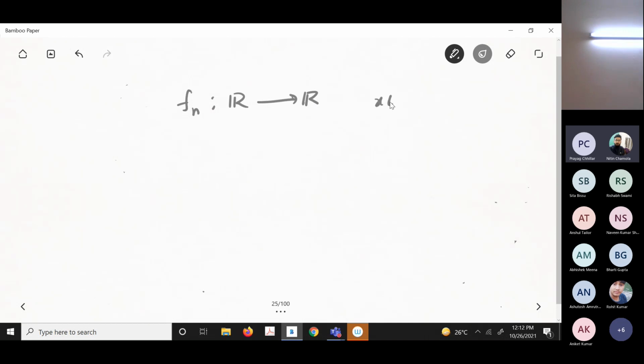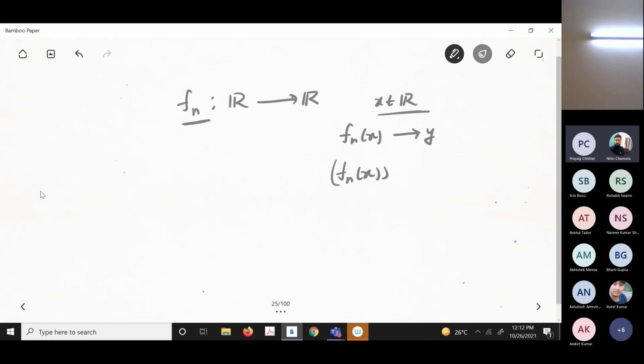Suppose at a point x belonging to R, fn(x) converges to some y. Look here, you have a sequence of functions, and if you fix x, you get a sequence of real numbers.